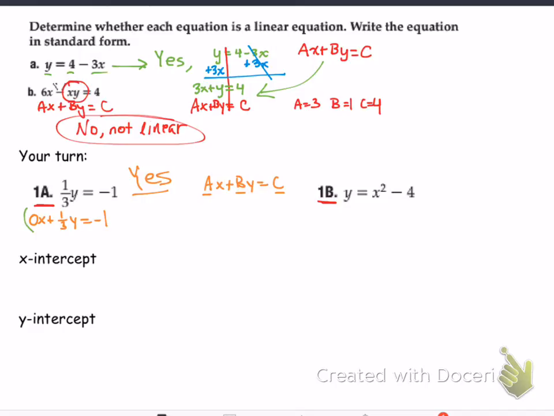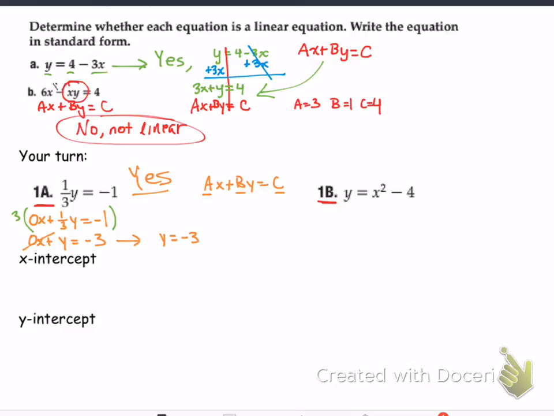If I multiply this whole thing by 3, okay, 3 times 0x gives me 0x still, plus 3 times 1/3 gives me 1y, or just y, and then 3 times -1 gives me -3. So now you'll see I have all these whole numbers, and once you get rid of this 0x, y equals -3. That's written in standard form.